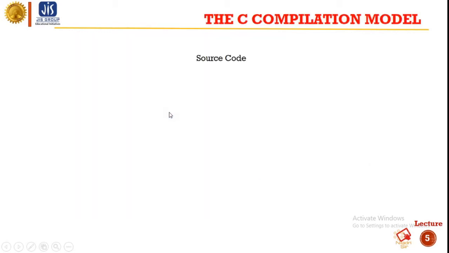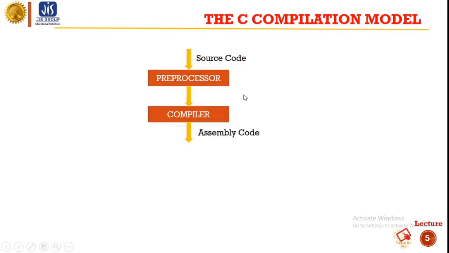So what is the C compilation model? This is the source code, that is, the program we have written in the English language. It goes to the preprocessor. After the preprocessor, it will move to the compiler. After compilation, the source code becomes assembly code.